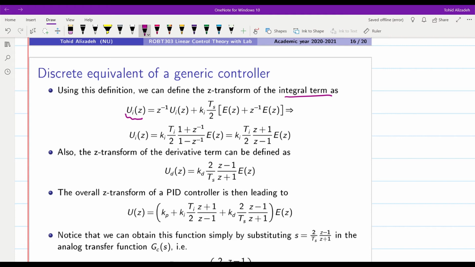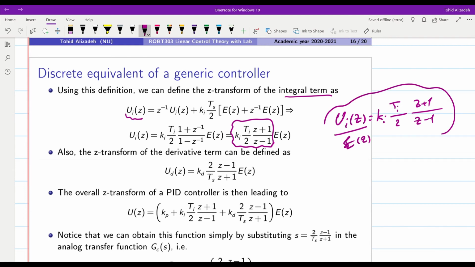And then we can reorganize it and obtain ui as this form: ui of z is equal to ki times ts over 2 times z plus 1 over z minus 1, which will give us the transfer function indeed for the integral part, integral action.